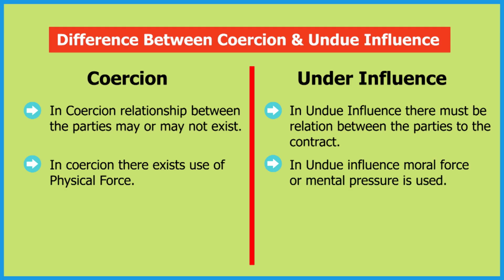When you are using moral force to obtain the assent of the party, it is undue influence. So coercion and undue influence are very, very different from each other. Coercion is use of physical force for making the party ready for the contract, and undue influence is using mental force for making the party enter into the contract.